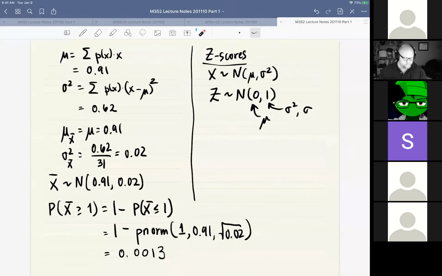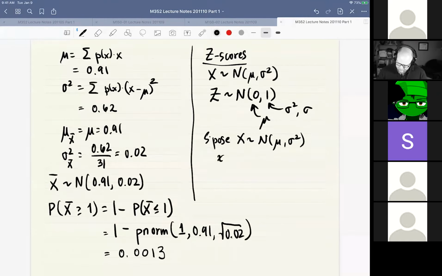Let me tell you what a z-score is, and then I will come back to these random variable distributions. Suppose X is distributed normally with mean mu and variance sigma squared. As so often happens, there is reason, or historically has been reason, to want to transform this data.